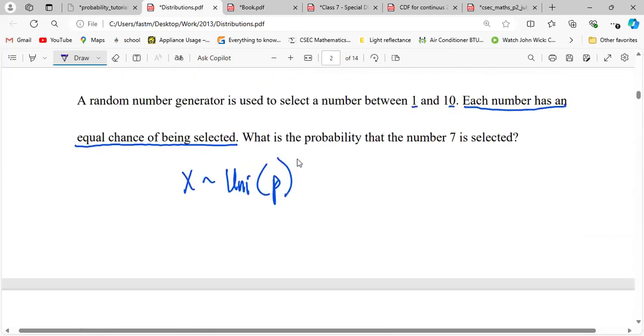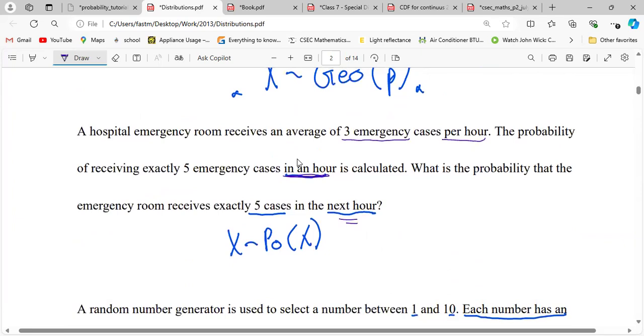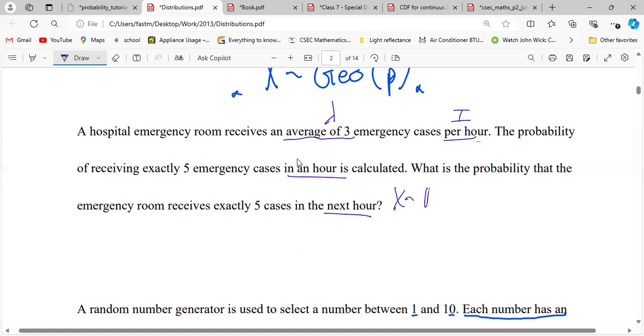Let's try another one. A hospital receives an average of 3 per hour, so there's lambda and we have the interval. What is the probability that the emergency room receives exactly 5 cases an hour? Interval, interval, interval, so it has to be Poisson for sure, and lambda is 3. We want the probability X equals 5.